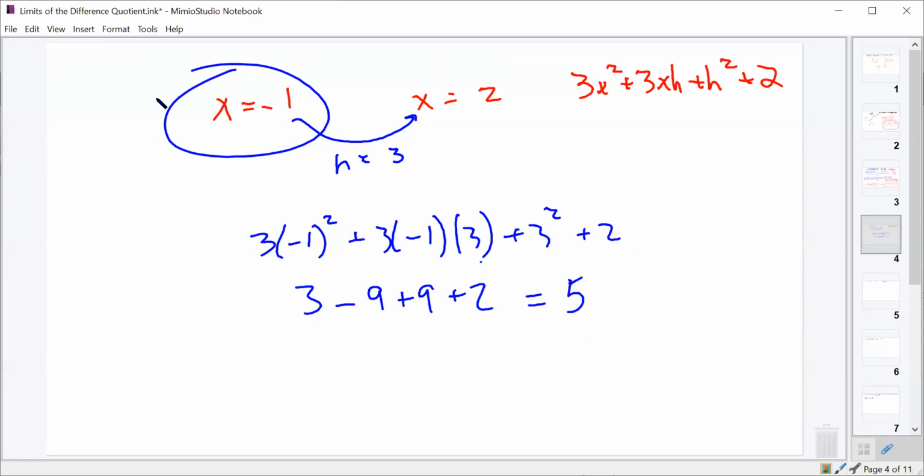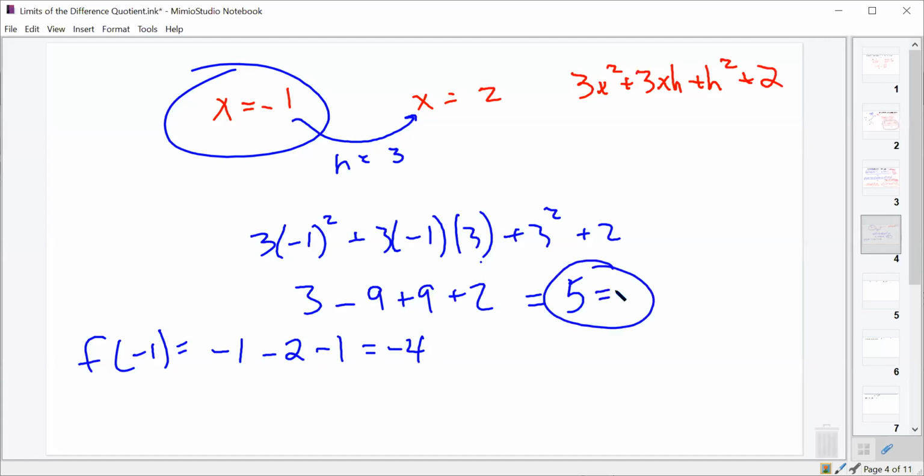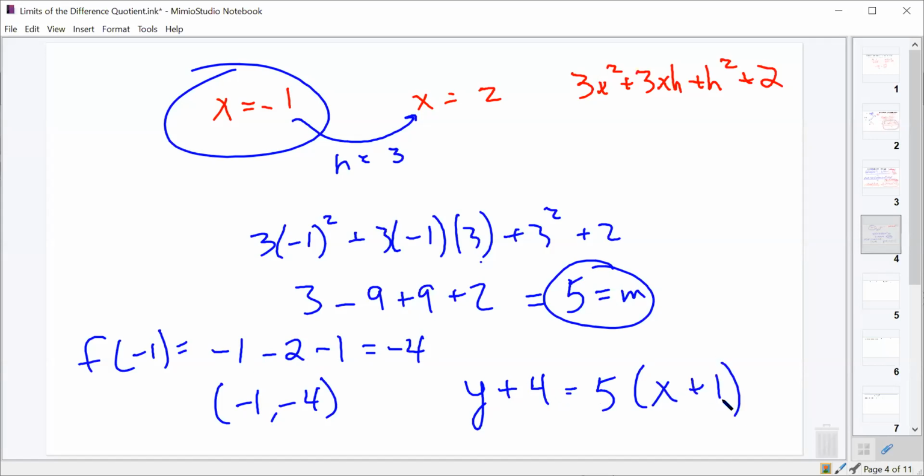What's f of -1? Should be x cubed, so -1, and it was plus 2x, so that's minus 2, and it was minus 1, so that'd be minus 4. So if it has a slope of 5 and it goes through the point -1, -4, the equation in point-slope form should be y plus 4 equals 5 times x plus 1. Do you guys agree with that?